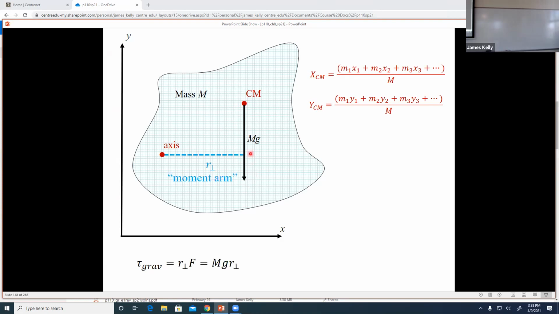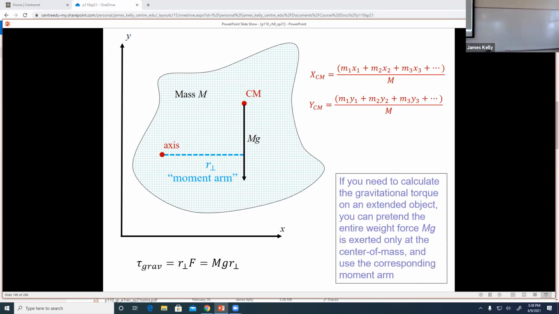So in this case, the relevant thing is if I knew where the center of mass was, I know what the total force is, and the moment arm would be this distance. And if somehow I knew the moment arm, I could calculate what the torque was, right? And if somebody gives me a sign for which way is the positive rotation direction, I could even put a plus or minus sign on it. So even in two-dimensional cases, if you know where the center of mass is, and we're always going to do symmetric cases, so it'll always be obvious where the center of mass is, you just pretend the entire gravitational force is being applied at that point, and that will give you the torque.